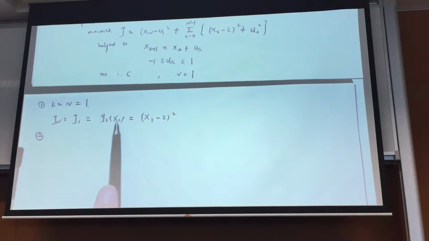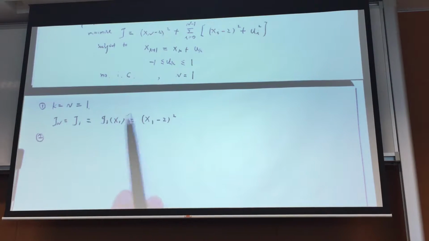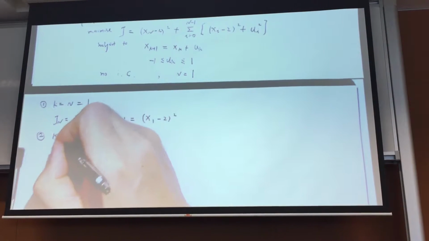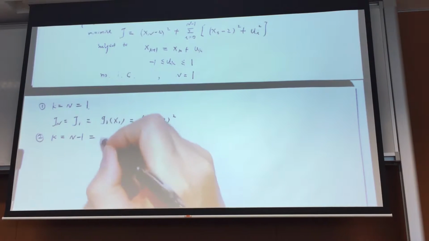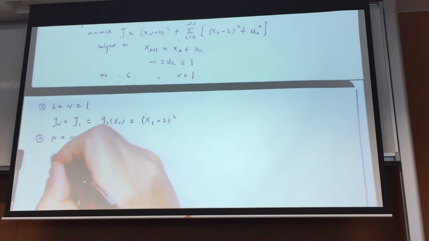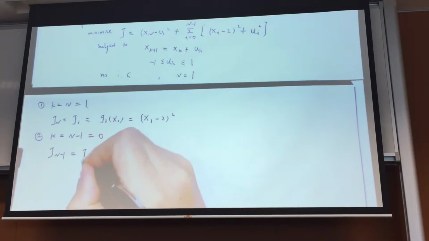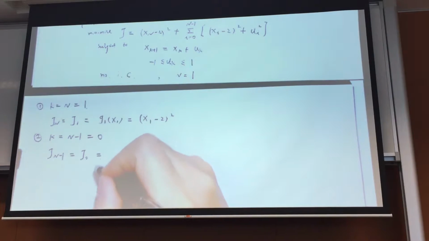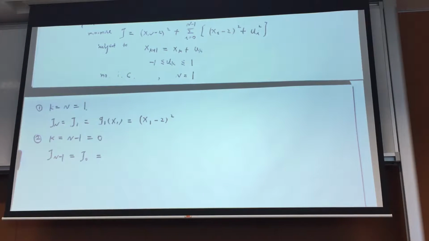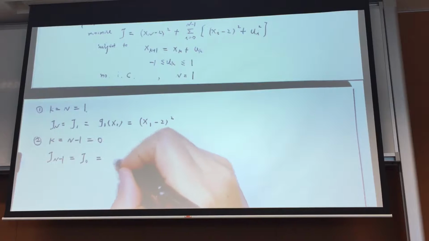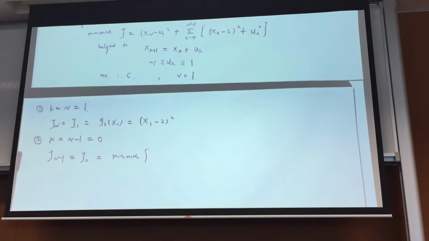Next, we will do the optimization step by step, iteration by iteration, running backwards. The second step is for k equal to n minus 1, in this case 0. So we have J_{n-1} equal to J_0.